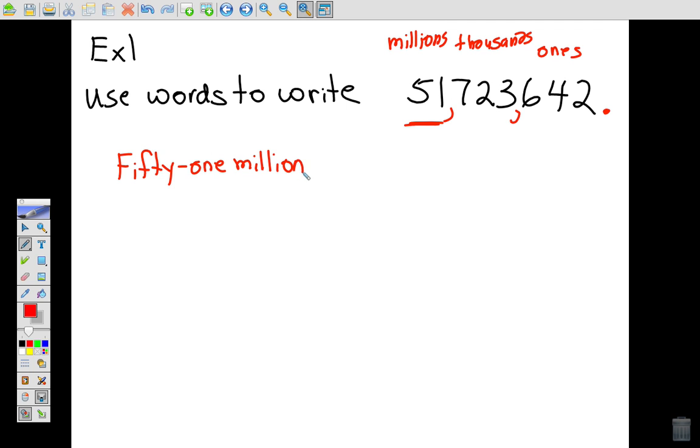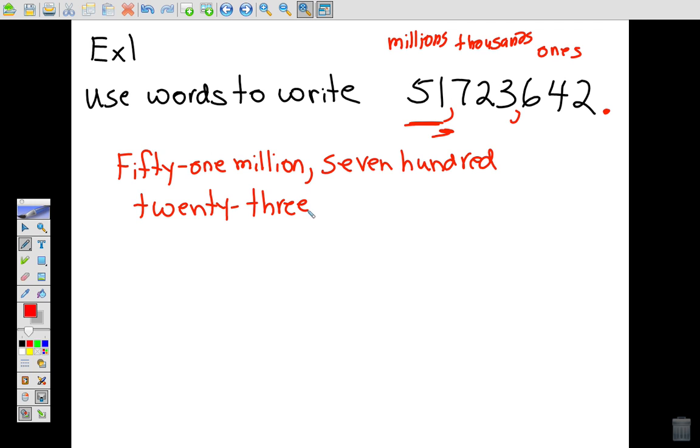And then we put our comma, just like it is here. And then I have 723,000, because it's in the thousand category, comma. So I have 51,723,642.